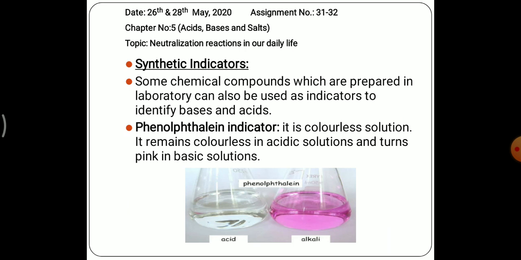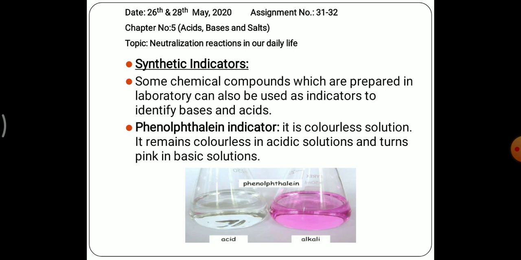Coming to today, we will study about synthetic indicators. Synthetic indicators are also called man-made indicators because they are prepared in laboratories with the help of human beings. So some chemical compounds which are prepared in laboratories can also be used as indicators to identify bases and acids.